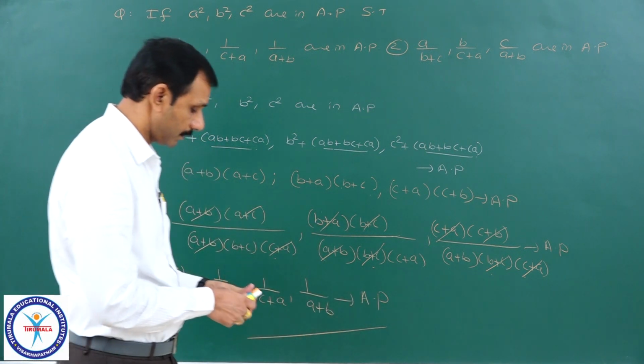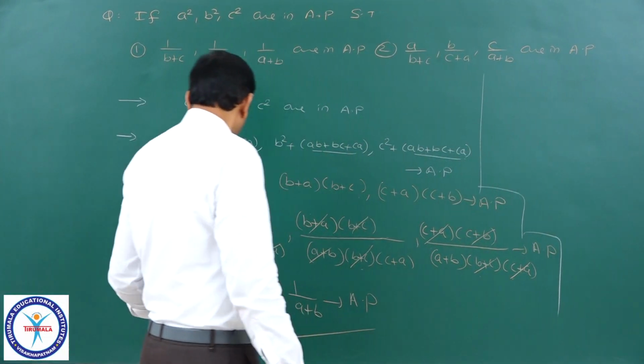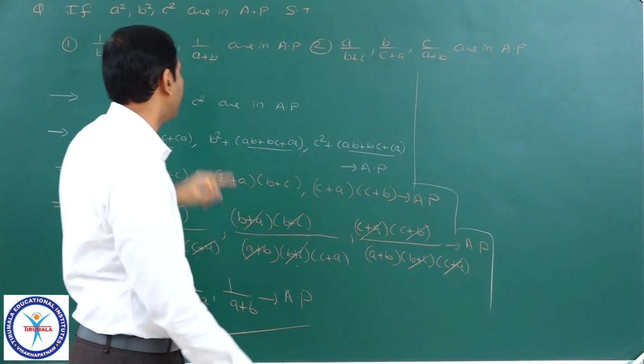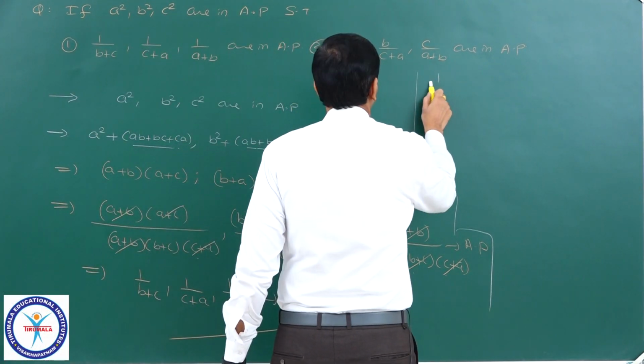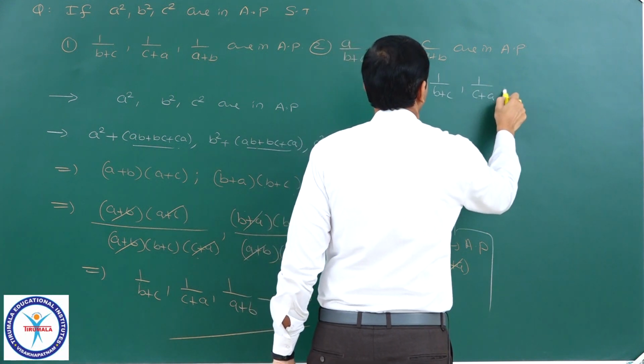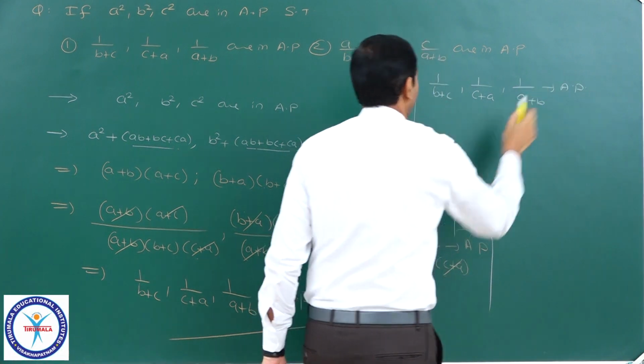Now, second part, yes, observe this. Whenever A square, B square, C square are in AP, 1 by B plus C, 1 by C plus A, 1 by A plus B are in AP, we proved it.